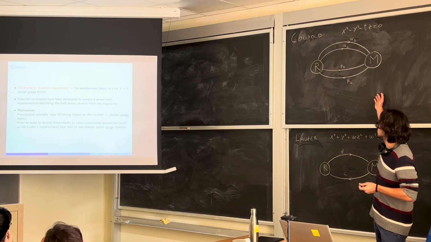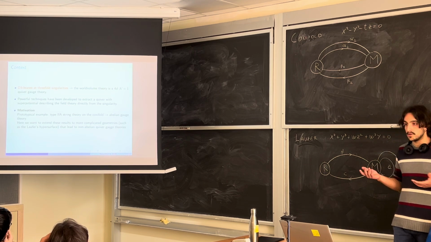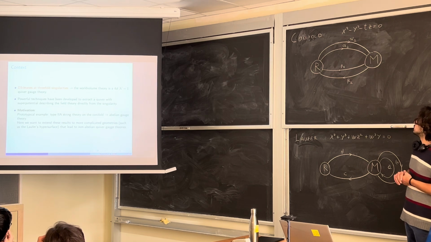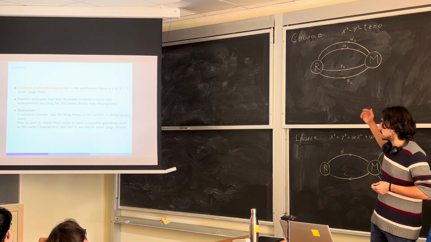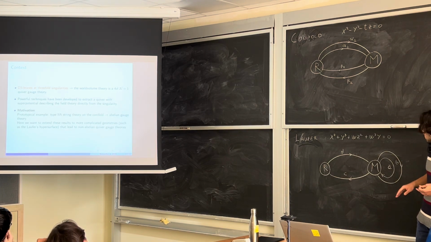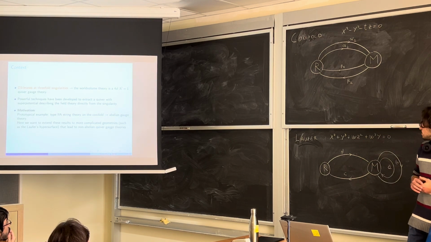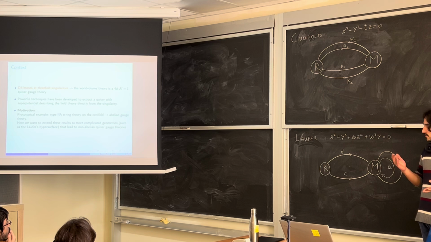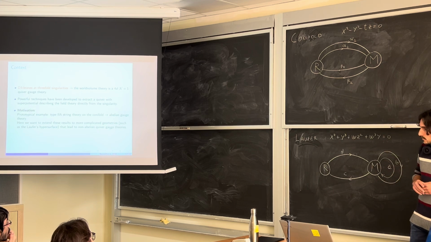The first is a prototypical example, the most studied one, with more literature, and it is the conifold, which produces an abelian gauge theory. The second example is slightly more complicated, the Laufer example, which produces a non-abelian gauge theory.